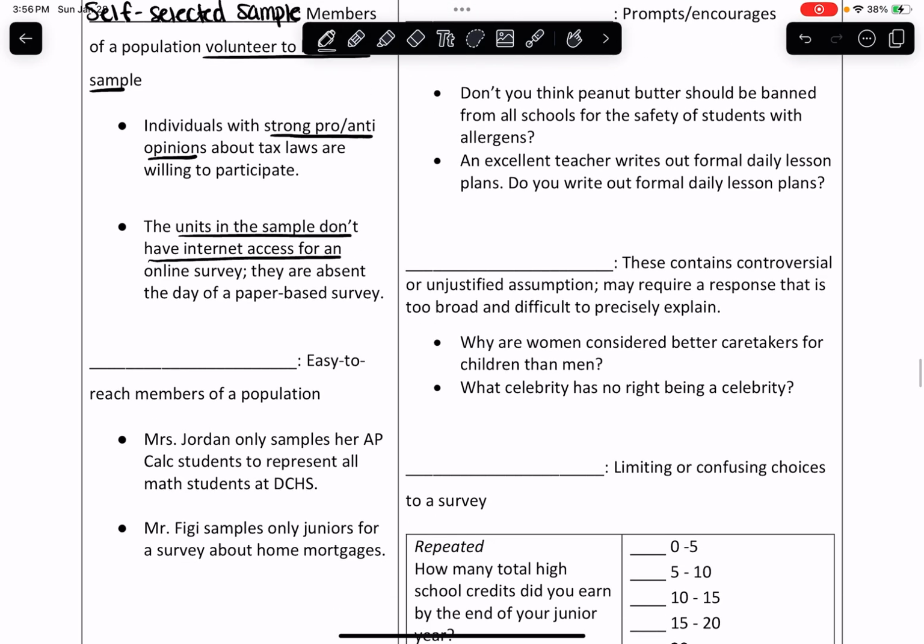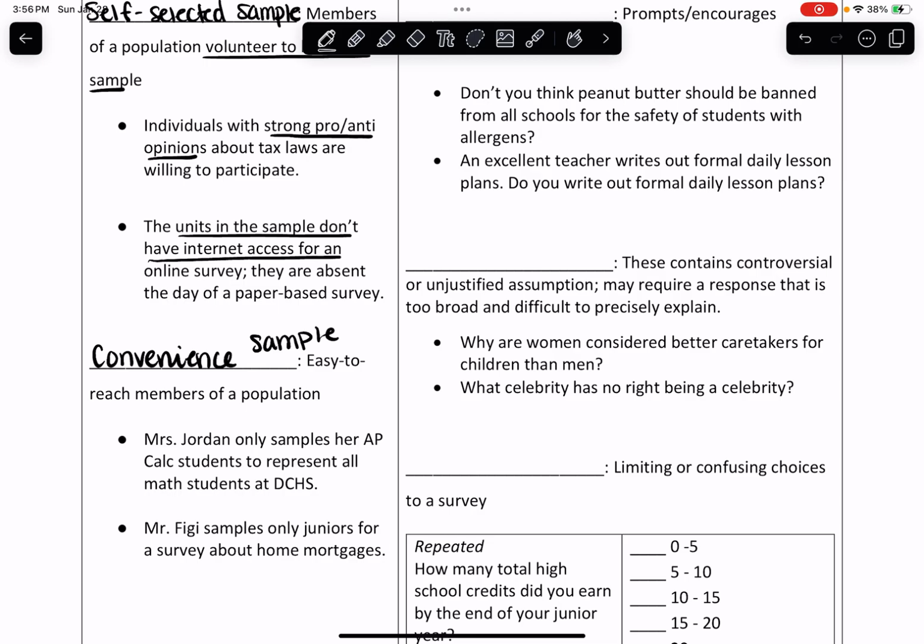We also see a lot of bias in a convenience sample. I always spell convenience wrong. And in a convenience sample, you're doing an easy to reach member of a population. So for example, if Miss Jordan only samples her AP Calc students because that's who she has during the day, and she uses them to represent all of her math students.